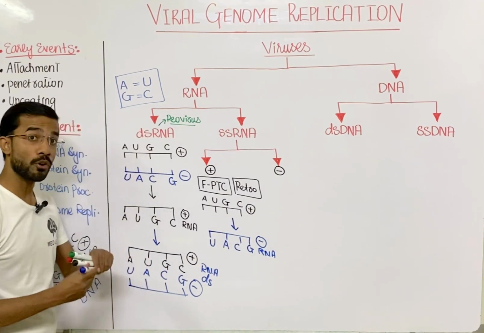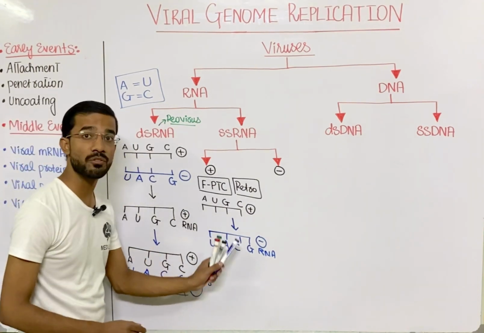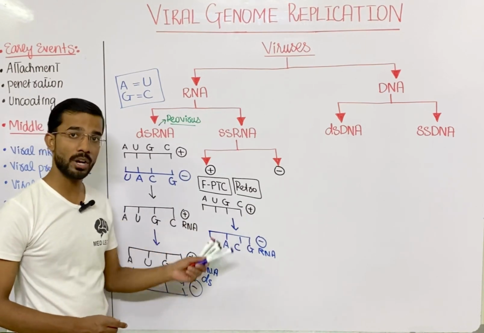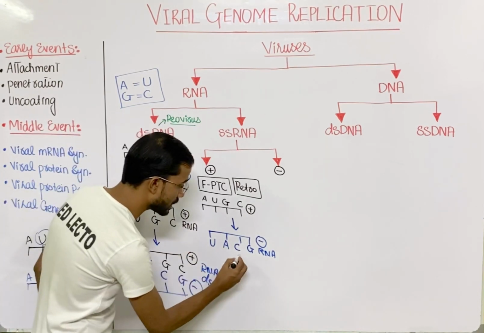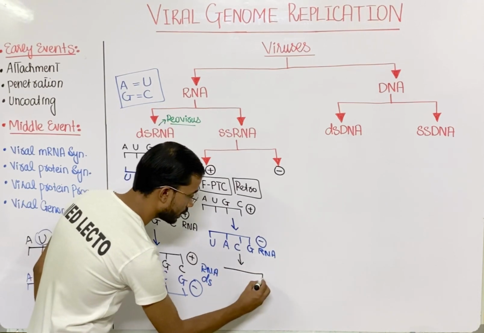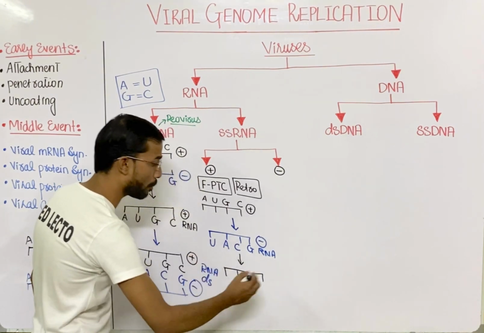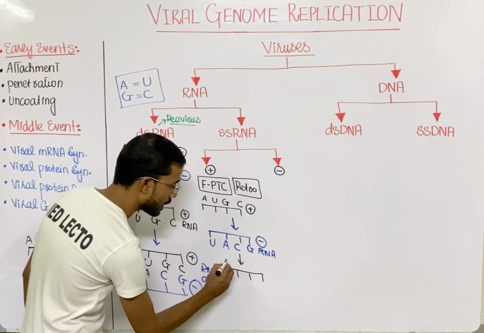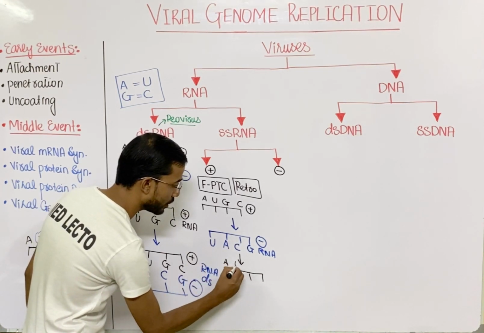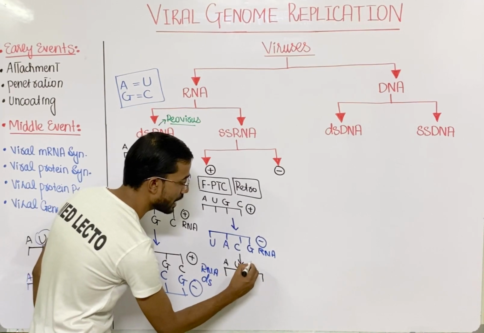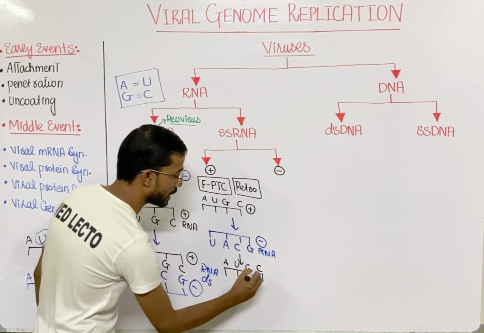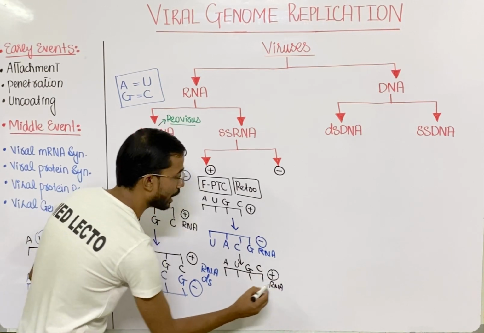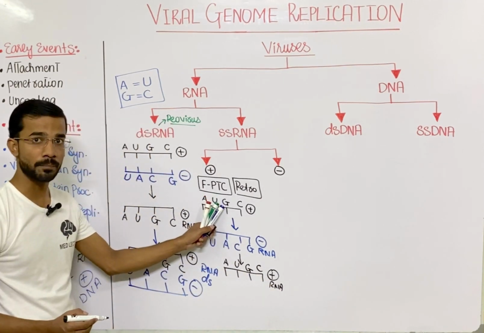From the negative strand, this strand will act as a template for the formation of positive polarity RNA. It forms several copies of the genome, AUGC, the positive polarity, just similar to the parent RNA.